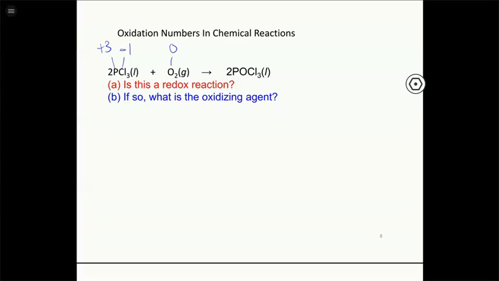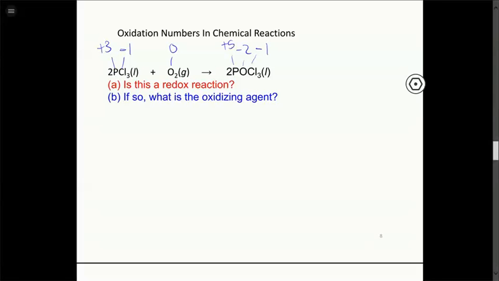And then finally in the product, POCl3, we still have the chlorines on the outside that are -1. Oxygen is now bonded to phosphorus, so it gets a -2 oxidation number in the product. Then if we have 3 -1s and 1 -2, what does phosphorus have to be to balance that? It has to be +5.